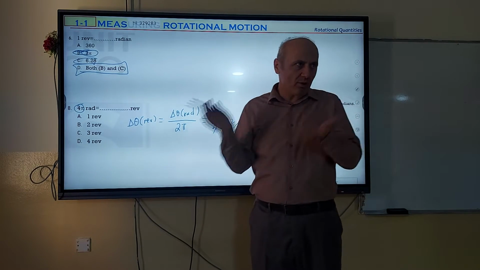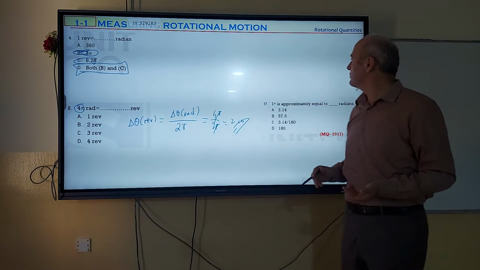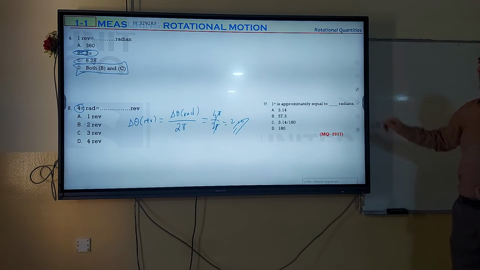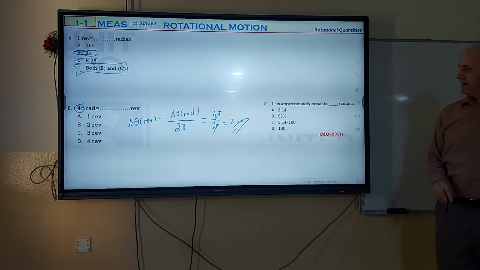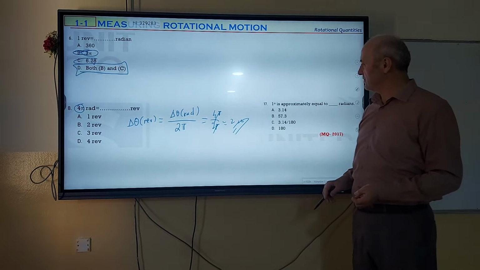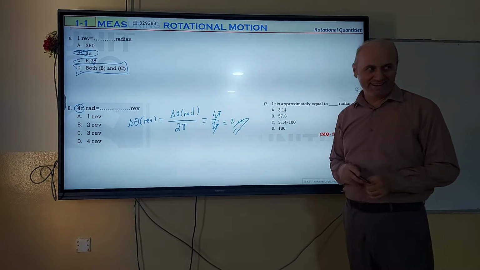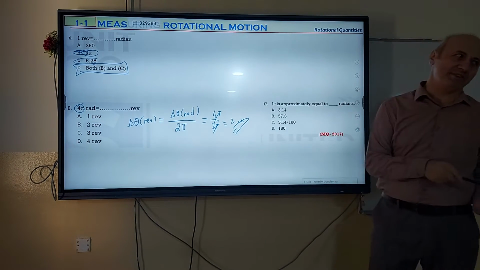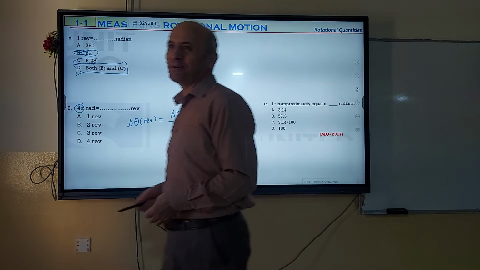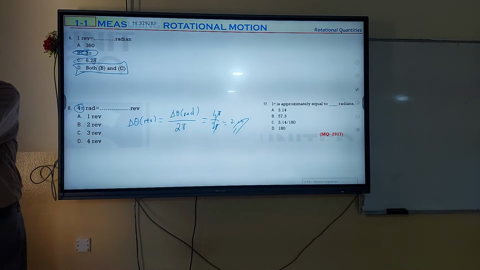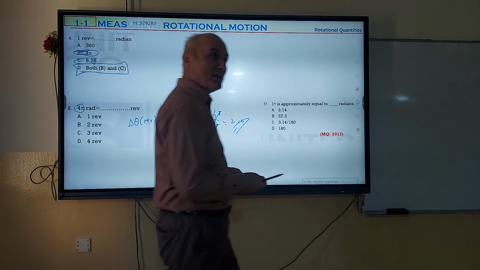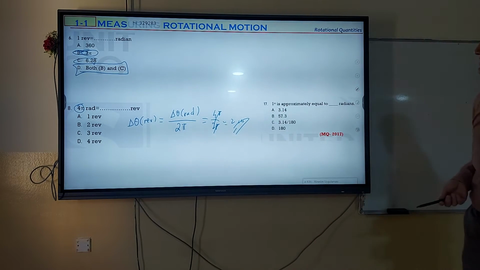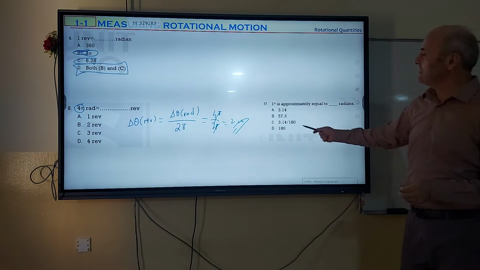You can get it from mine, but you can also use the equation. 1 radian is approximately how many degrees? Yes, 57.3. 1 degree is equal to how many radians? C is the correct answer. 1 degree is equal to C radians.